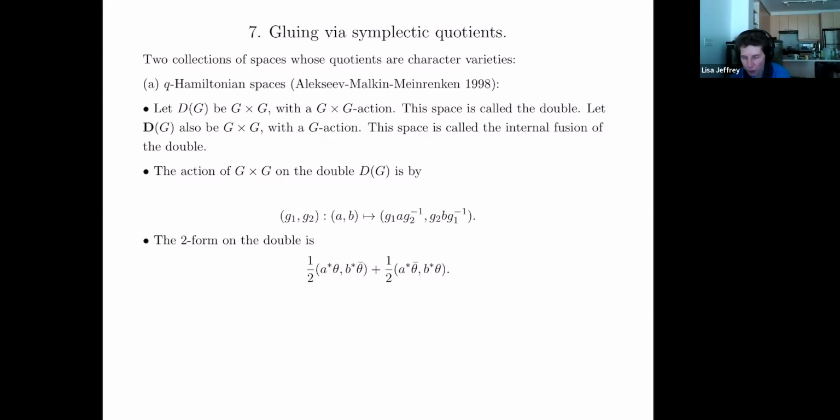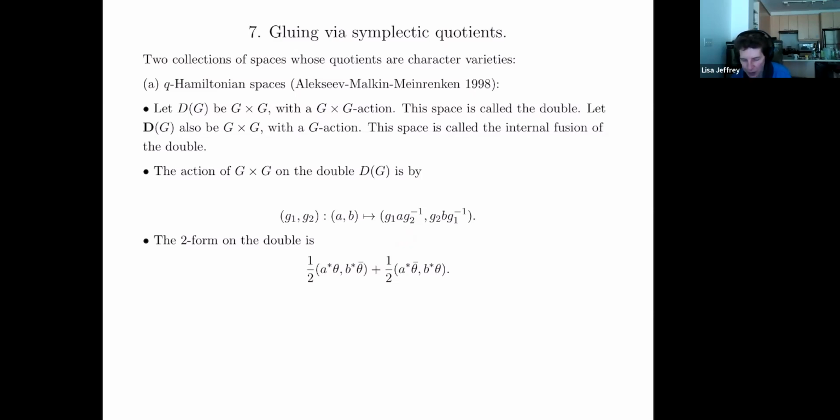This is called the internal fusion of the double. So this is how the action of G cross G looks on the double: left multiplication and right multiplication by the inverse on the other side, and right multiplication for G2, and then left multiplication for the other.